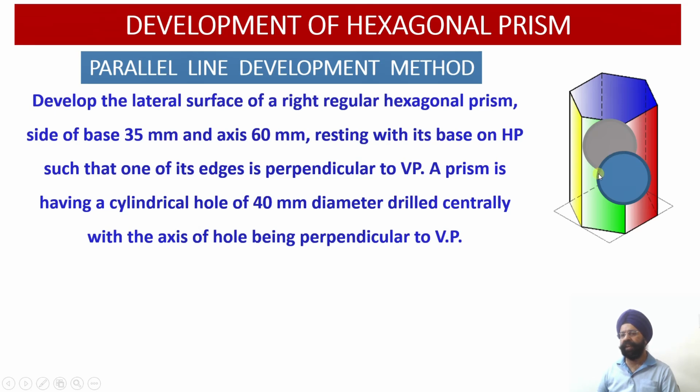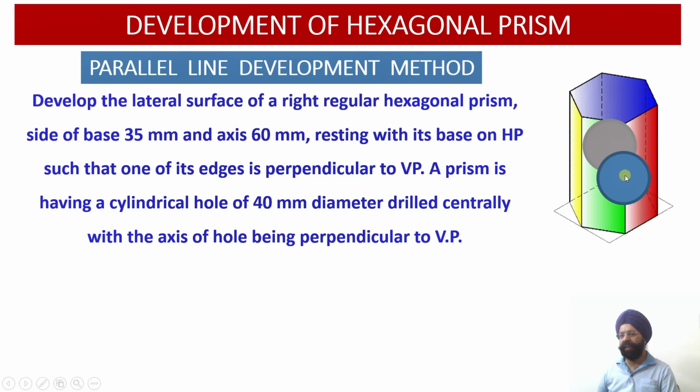Another thing, this hole is a through hole which passes through both the front face as well as the back face. If you look at the back face, the hole will be passing through the middle of the axis, and from the front side also it is passing through the middle of the axis, so that the axis of the cylindrical hole is perpendicular to the vertical plane.